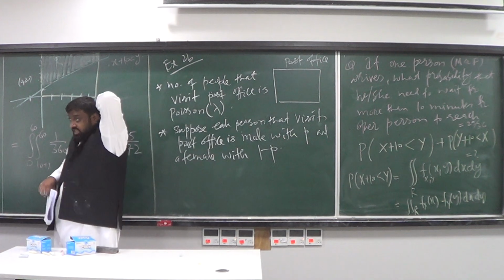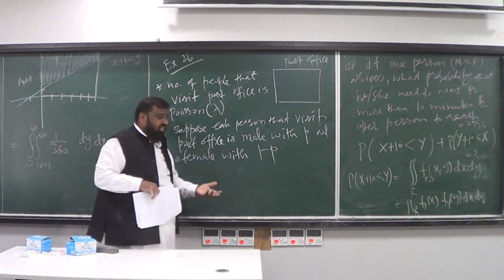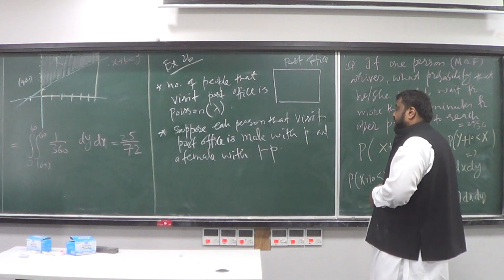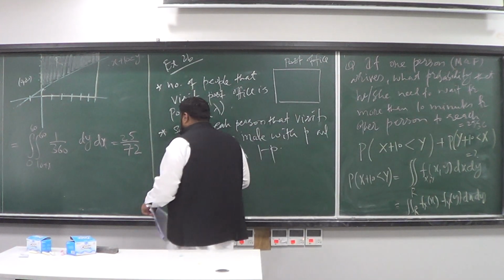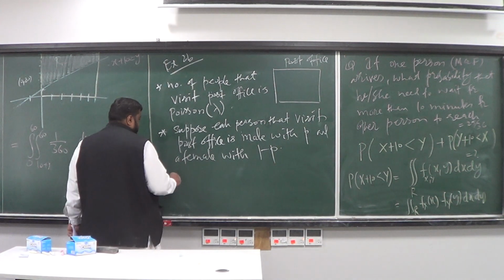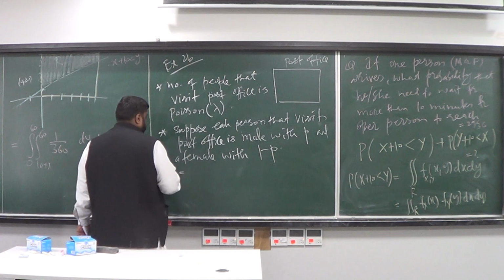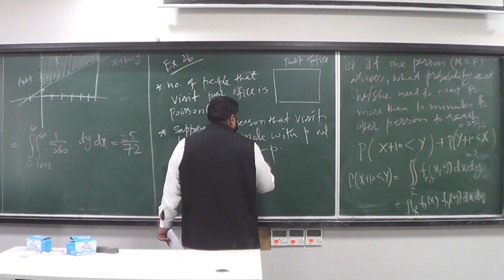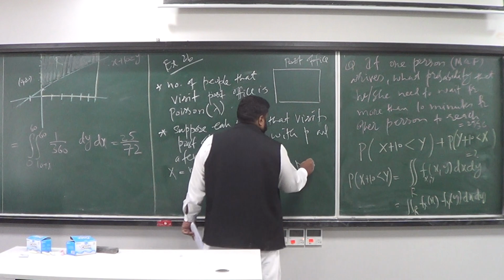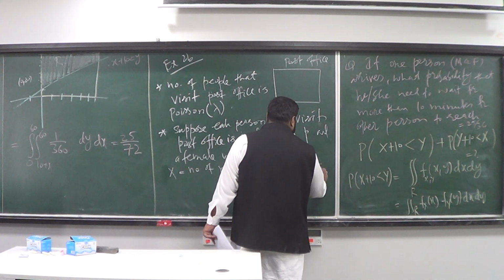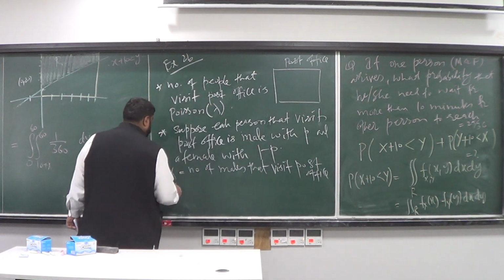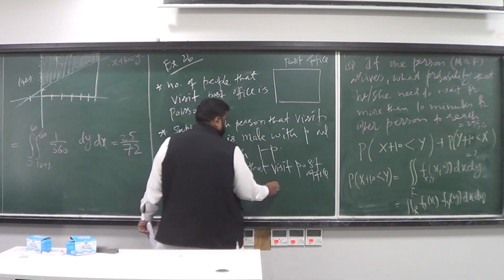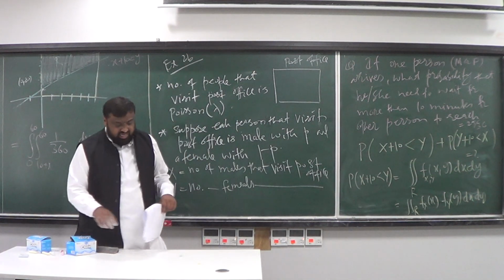This is also an assumption: each person that visits the post office is like a Bernoulli trial, so it could be male with probability P and female with probability 1 minus P. Suppose also that X represents the number of males that visit the post office in a given day, and Y represents the number of females that visit the post office in a given day.